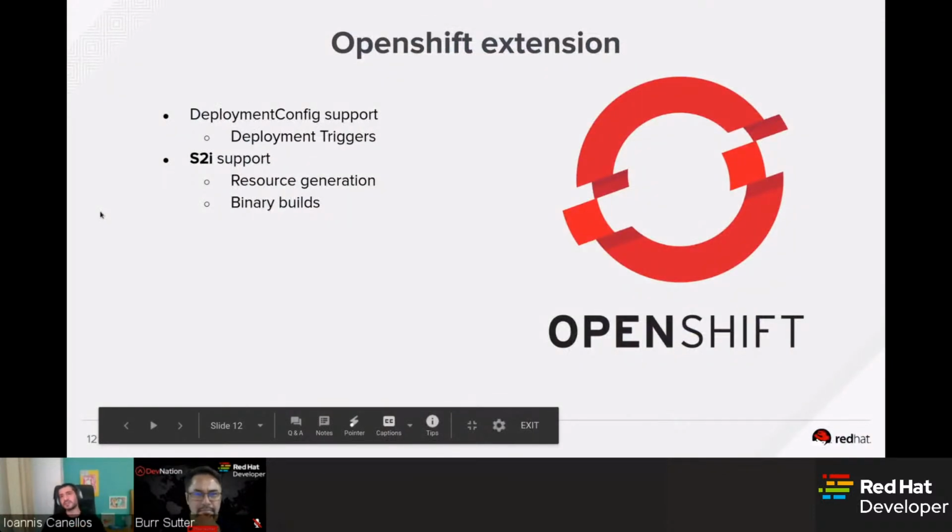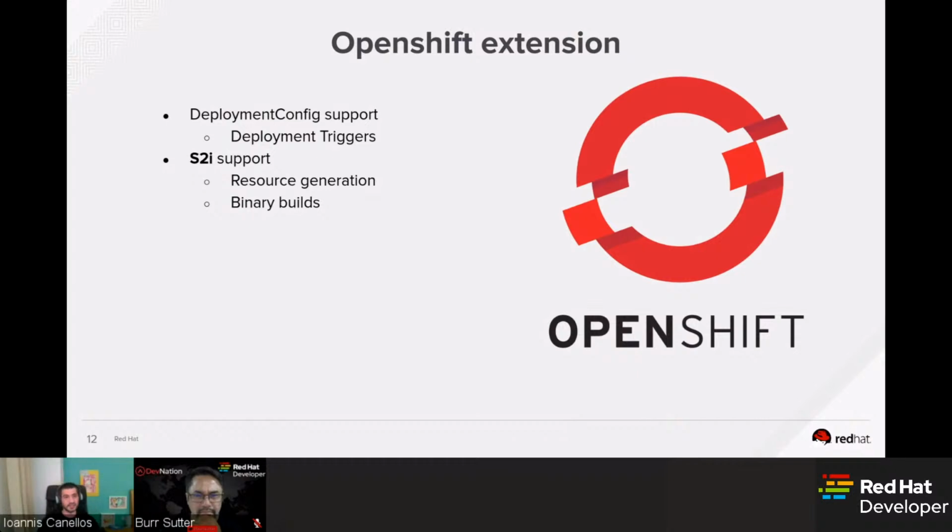OpenShift is a Kubernetes distribution supported and provided by Red Hat, which provides some additional features on top of what vanilla Kubernetes provides. To name a few, I think it's the sexy web console that it provides, tools like S2I for performing in-cluster container builds, and deployment config, which is, let's say, an enhanced version of the traditional deployment resource available in Kubernetes.